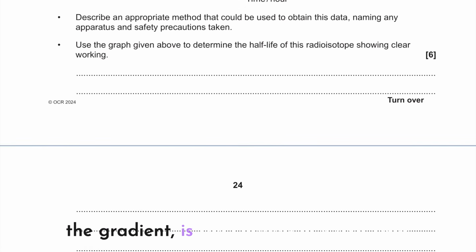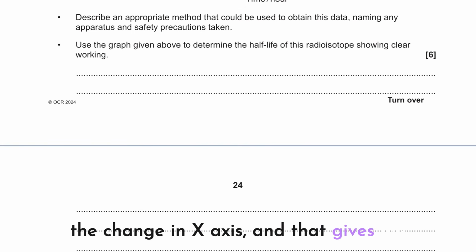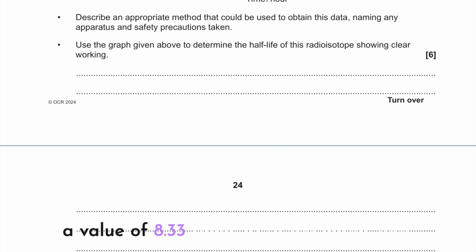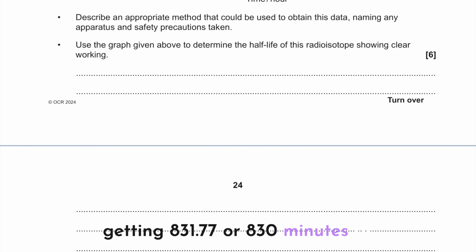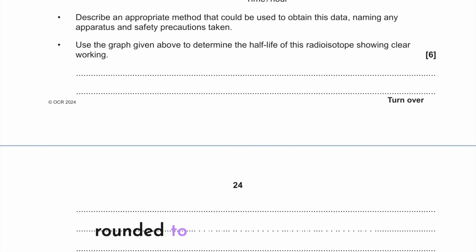The gradient is the change in y-axis over the change in x-axis, and that gives me a value of 8.33 times 10 to the minus 4. When incorporated into my formula of ln 2 over 8.33 times 10 to the minus 4, I end up getting 831.77, or 830 minutes rounded to two significant figures.